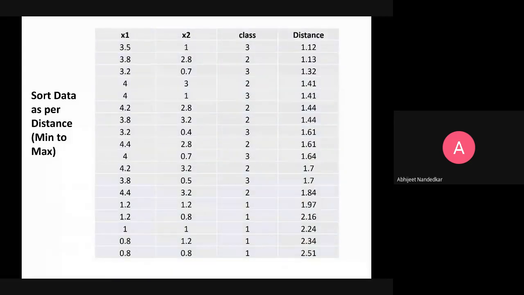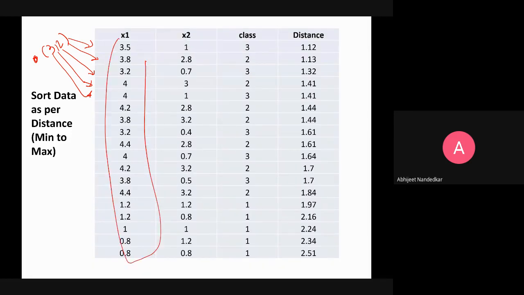First of all, we will do the distance calculation. From the given point, that is 3 2, we will find out the distance with everybody. That is our first task. Whatever samples are given to us are the training prototypes.